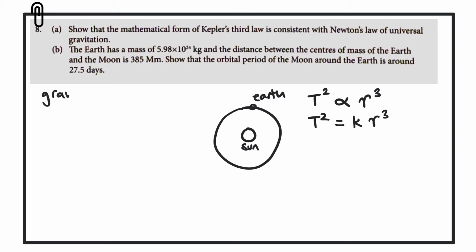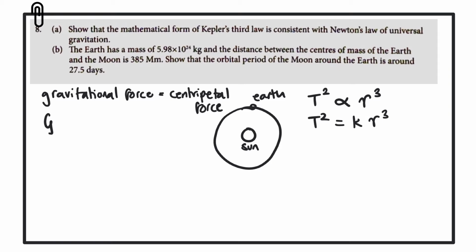So gravitational force is providing the centripetal force. What equation do we have for the gravitational force? We have that the capital letter G, which is the universal gravitational constant, multiplied by mass 1 times mass 2.